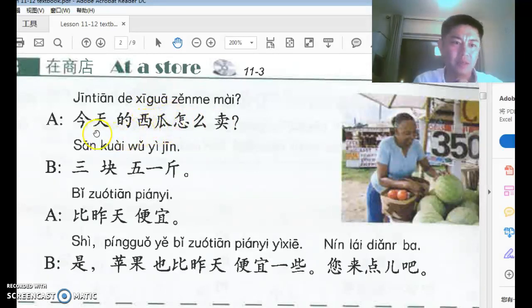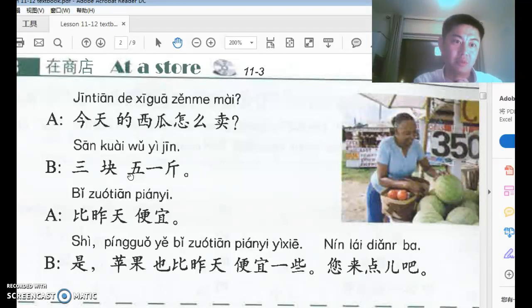It is a watermelon. 今天的 is a 的 construction, today's watermelon. 3块5一斤. Oh, 3块5 is 3.50, not 3.05. In English, you see 3.50.